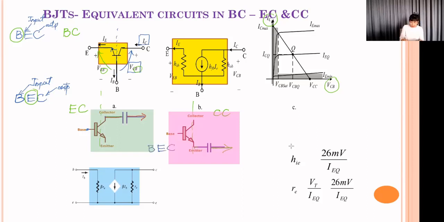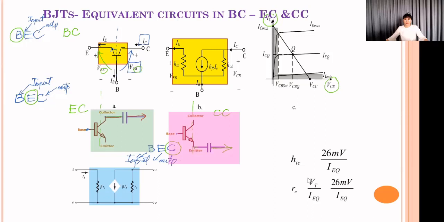This is the output. And on the left side, you can see the input. And of course, the common point here is the collector, right? Very easy.